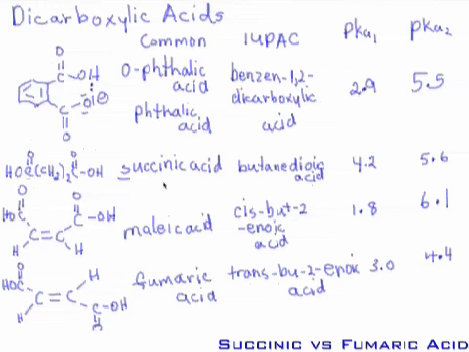Well, first off, let's compare succinic acid, which doesn't have the double bond, to the fumaric acid, which has the trans double bond. This suggests that the delocalization of side-to-side overlap of the conjugated double bond system, this pi system, helps facilitate, if you like, the effect of the electronegativity. That is, electron withdrawing effects are further supported by the conjugated double bond system. So when this negative charge forms, you lose a proton.